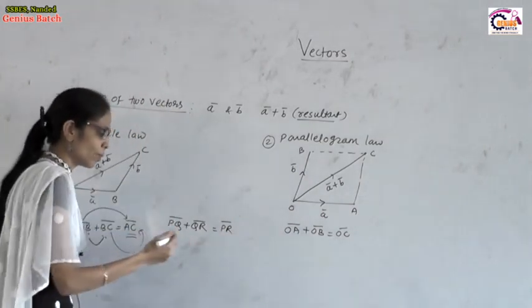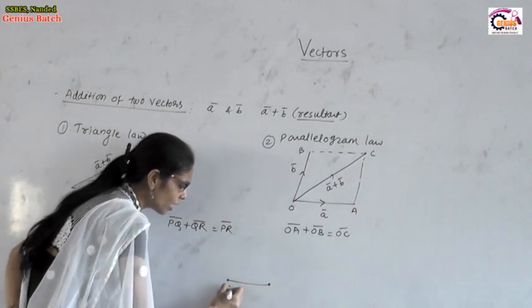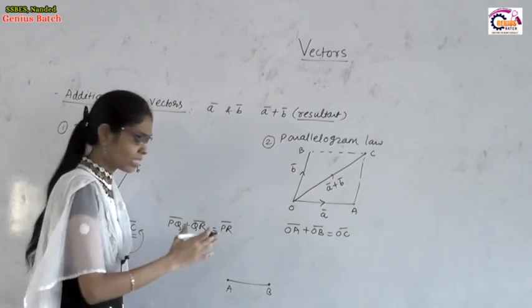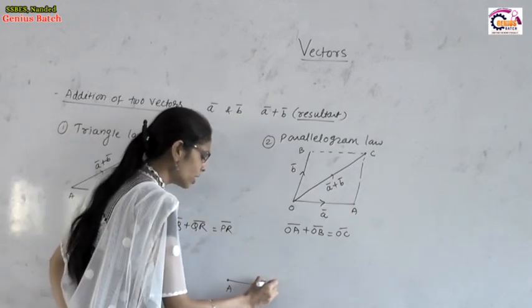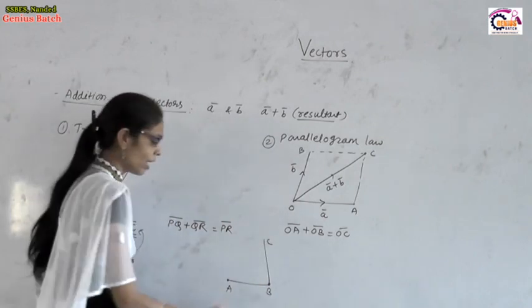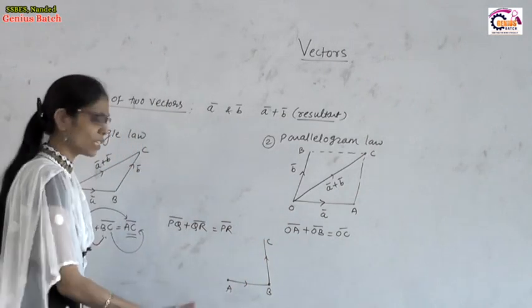So see one example. Suppose a boy is moving from point A to point B. After that he changes his direction and goes in the north direction up to point C. And you have to calculate his displacement.